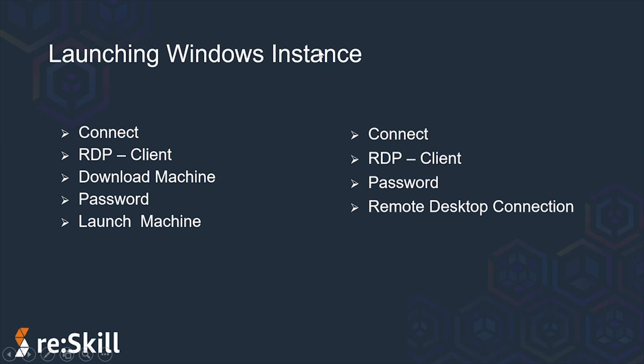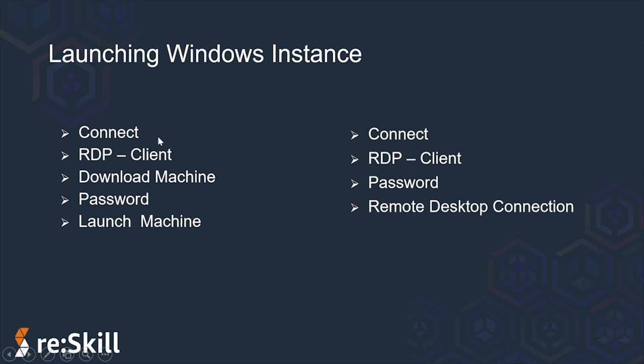Once you have launched the Windows instance in EC2, you need to connect to it to start using it. There are a few different methods you can use to connect to your instance. I'm going to show you these two methods.